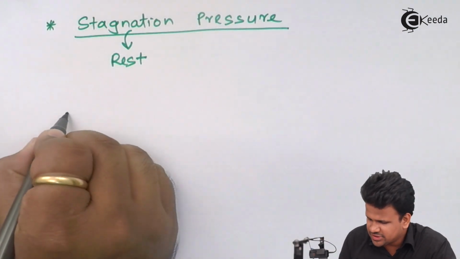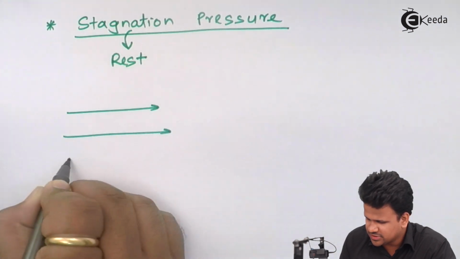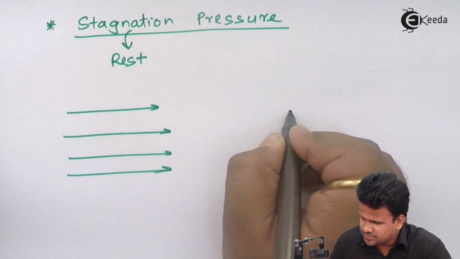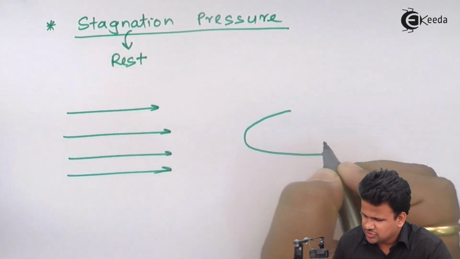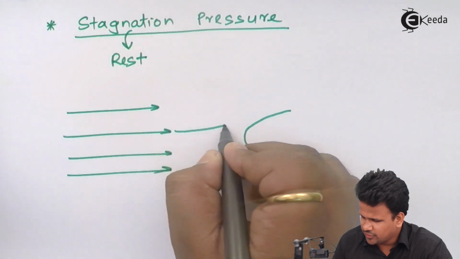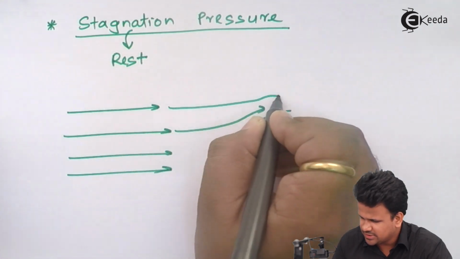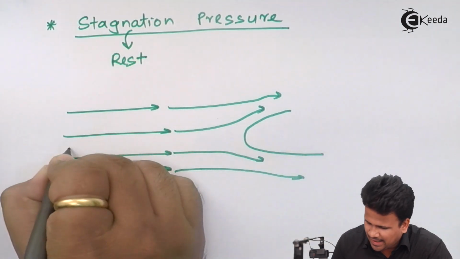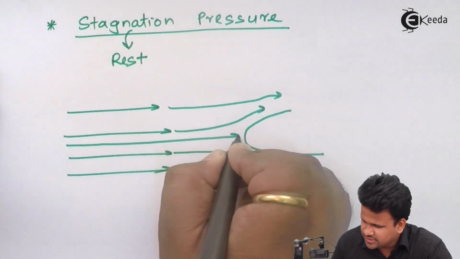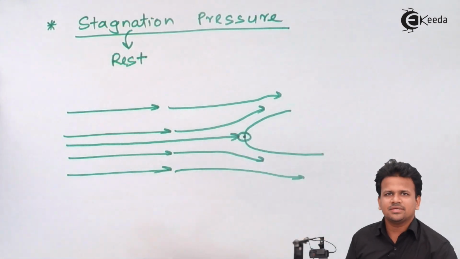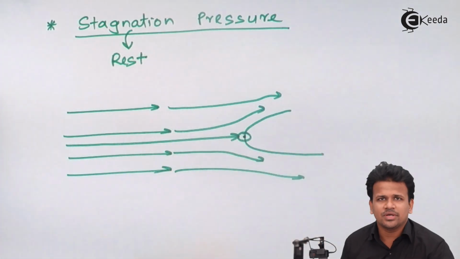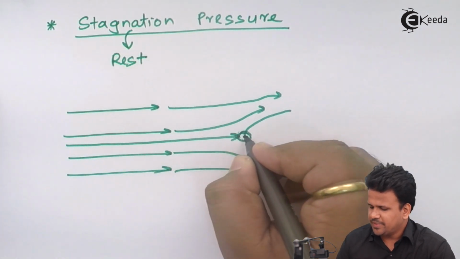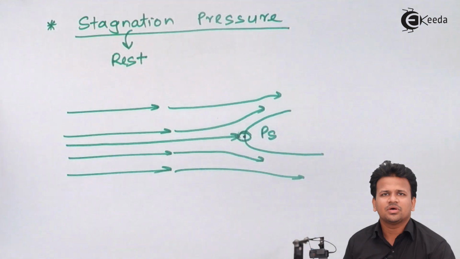Supposing a fluid is flowing in the positive direction of the x-axis and there is an obstruction over here. So this fluid will try to travel in this direction over that obstruction, but at this point on the body the pressure will remain constant.